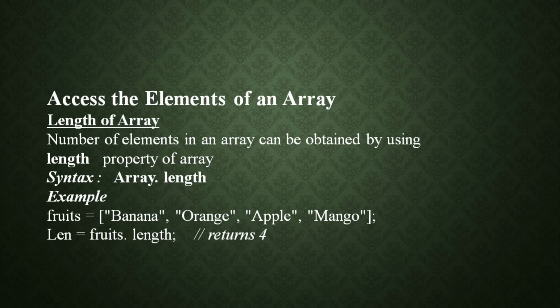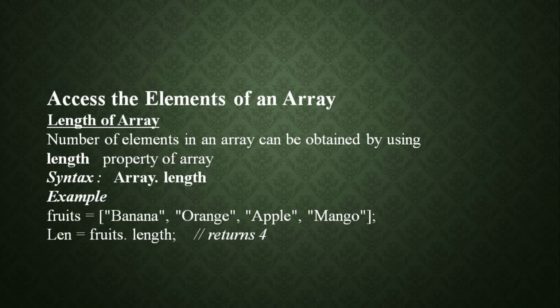How do we access these elements of an array? By searching for an element in an array or by using the length of an array, we can access these array elements. Now, how do we identify the number of elements in an array? It is obtained by using the length property, array dot length.